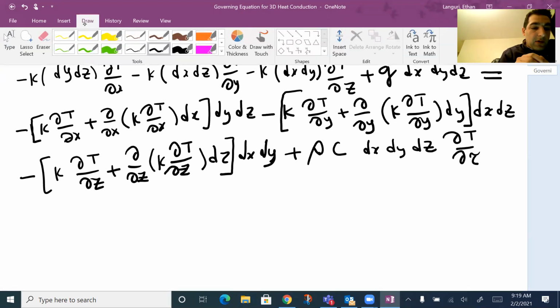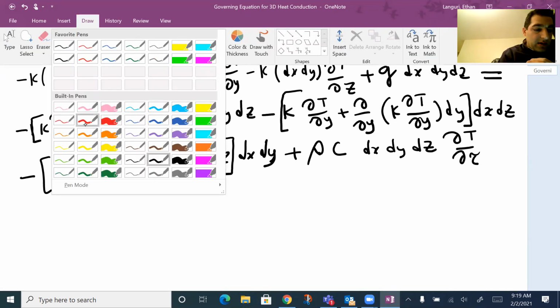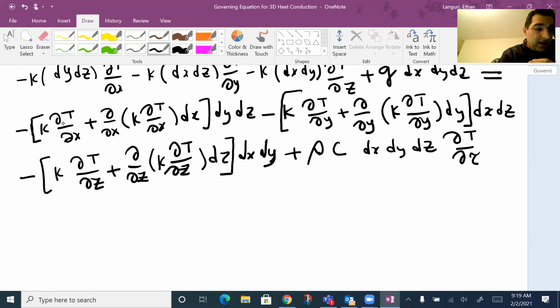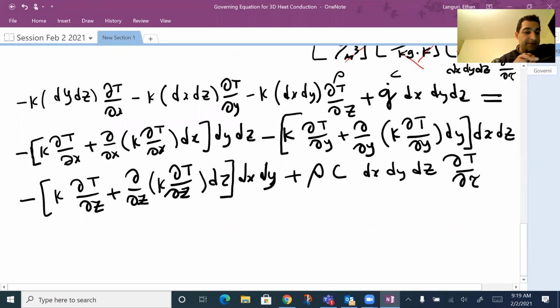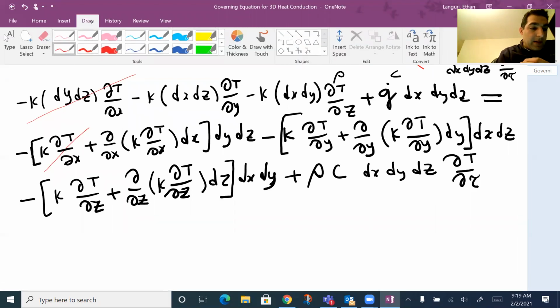So this is all terms together. We are sure that we can simplify a good version of this. Let's see how we can do this. First of all, you can tell, we can drop this term, minus k dy dz del t over del x, with the first term here, minus k del t over del x multiplied by this dy dz, right? So I can drop this term here together. Can you see this?